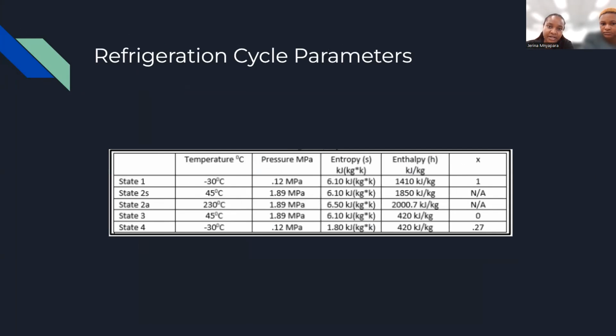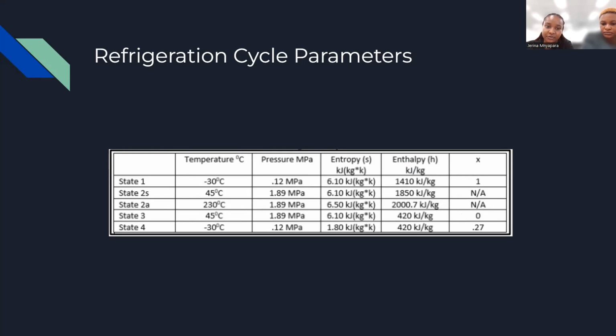So given the pH diagram, we determined our refrigeration cycle parameters. Let's start off with our temperatures at each stage. We're given -30 degrees Celsius at stage 1, and at stage 2 isentropically 45 degrees Celsius. Our actual we had to determine due to our actual work, and we determined it to be 230 degrees Celsius. Stage 3, we have 45 degrees Celsius.